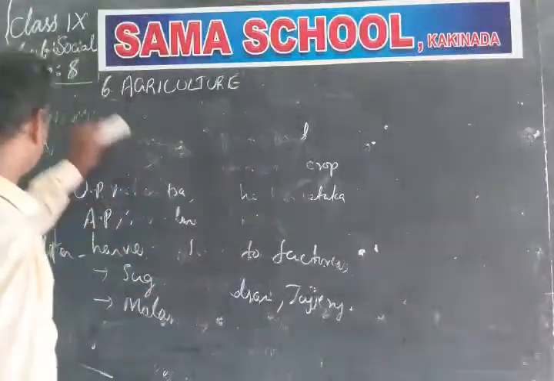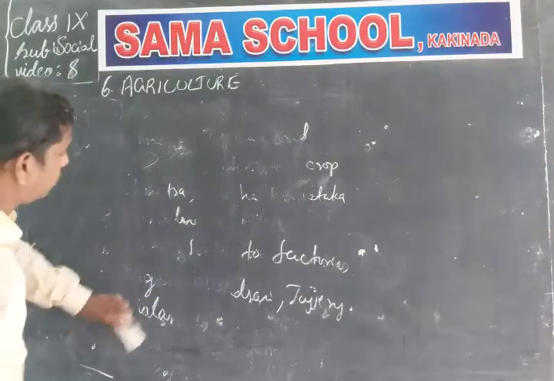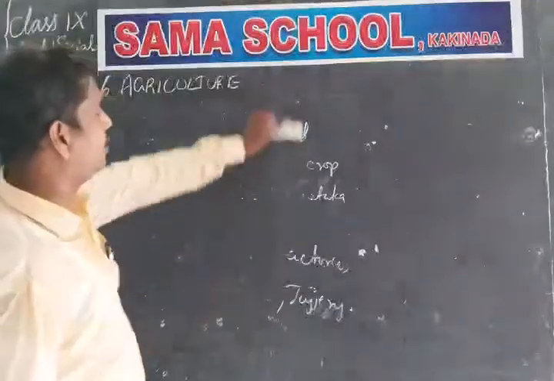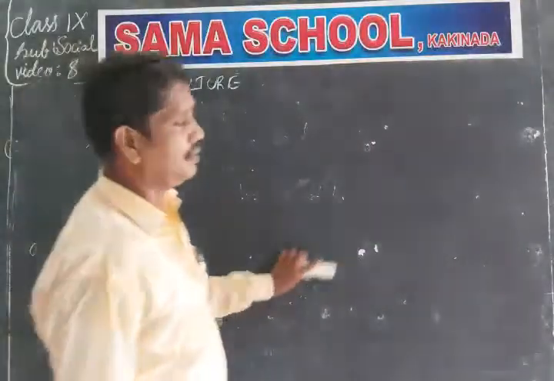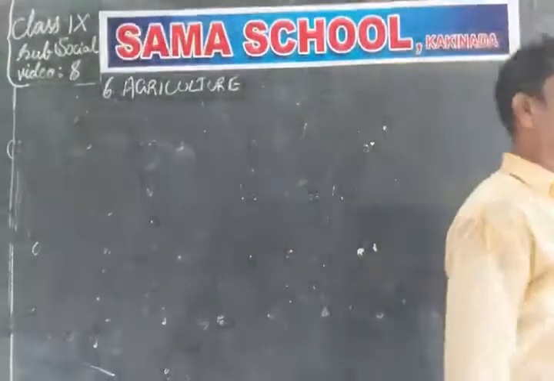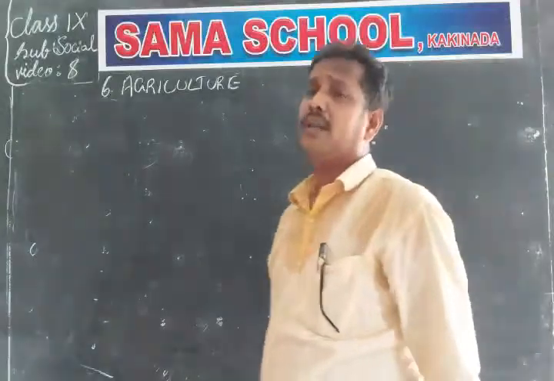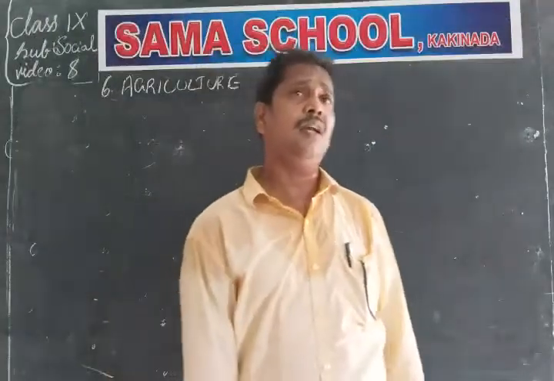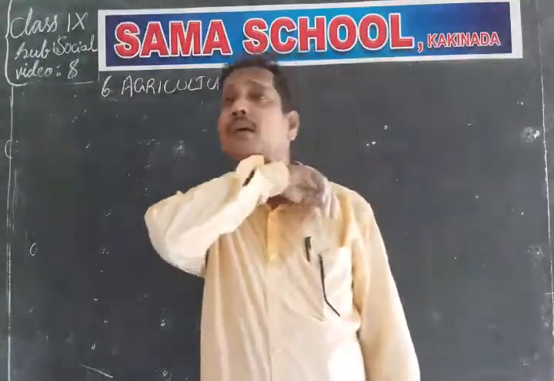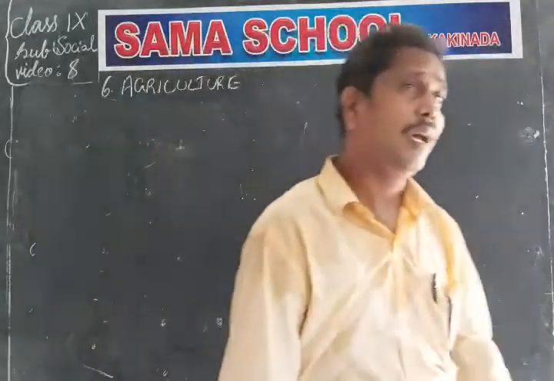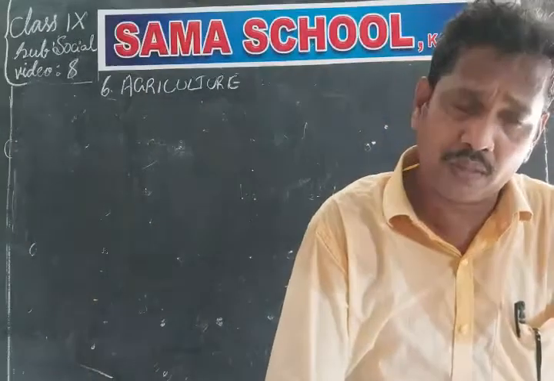Okay, now we have discussed different types of crops and the different places of India where they are available. First of all, soon after getting independence, our Indian leaders or Indian government planned to give importance to agriculture, that means food production. Why?